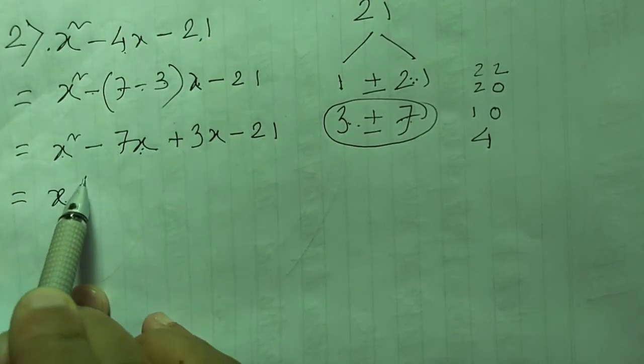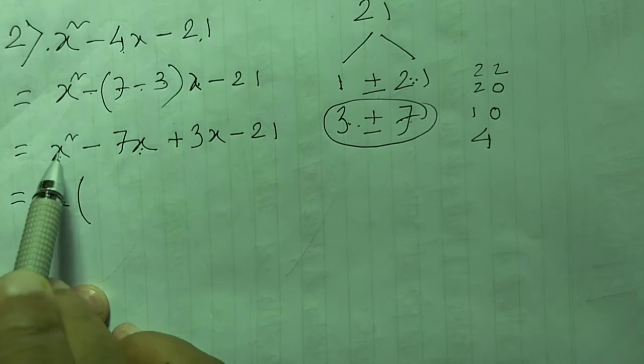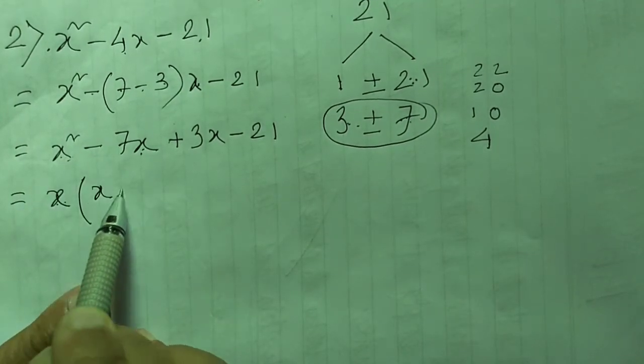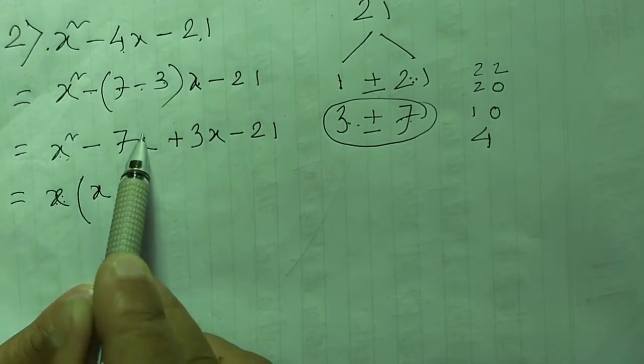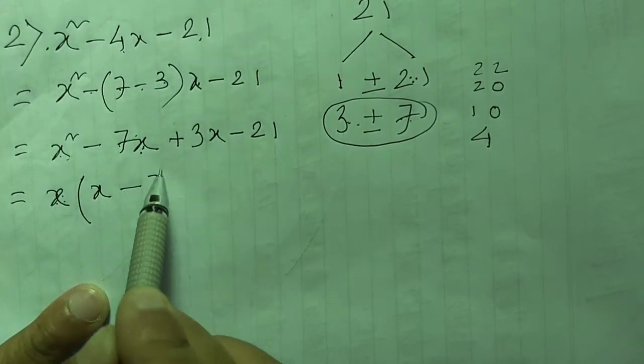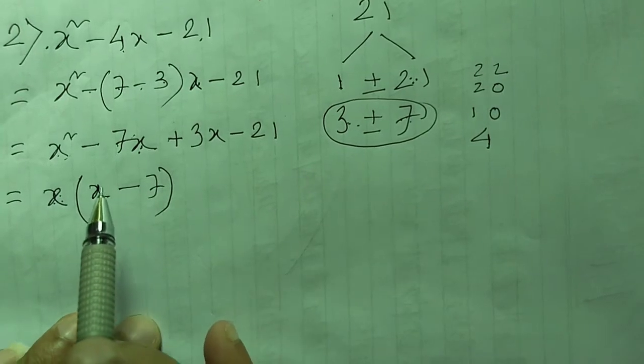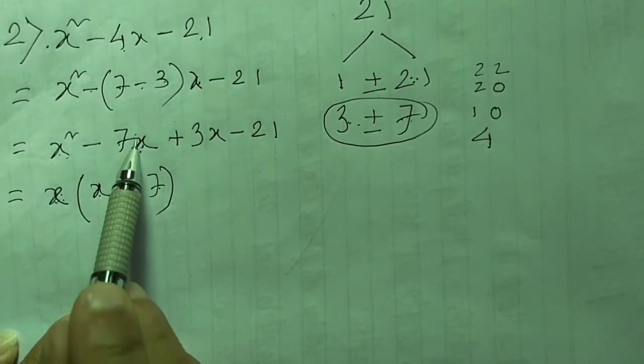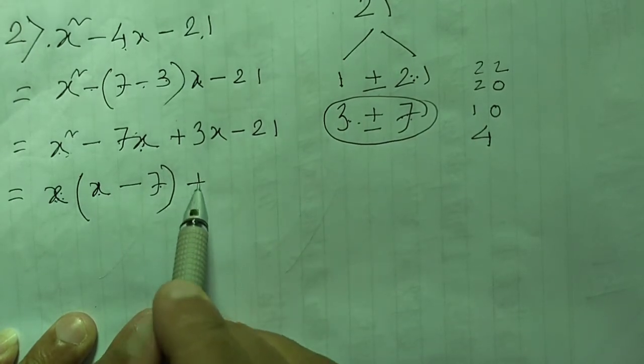Now if you take x from here, what is left? X minus. If you take x from here, 7 is left. Fine. For rechecking, x into x, x square, x into 7, 7x, plus.